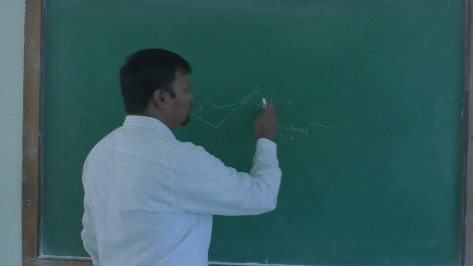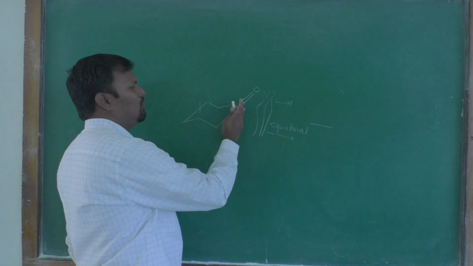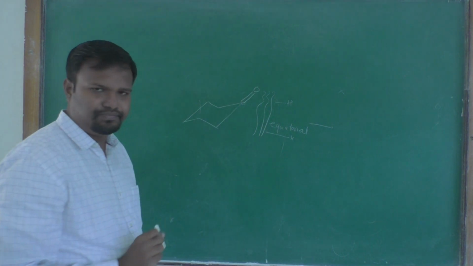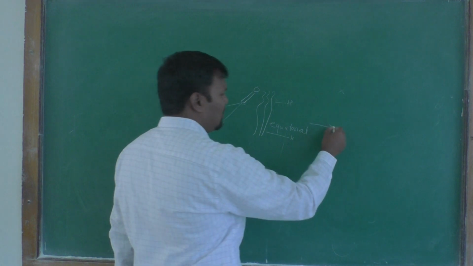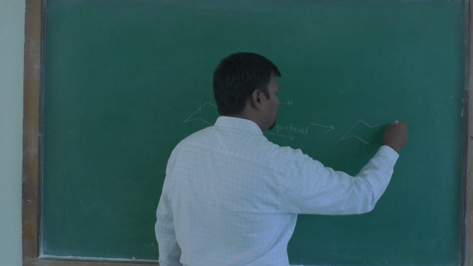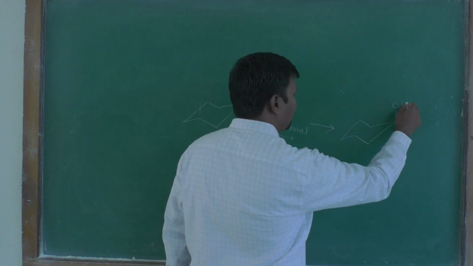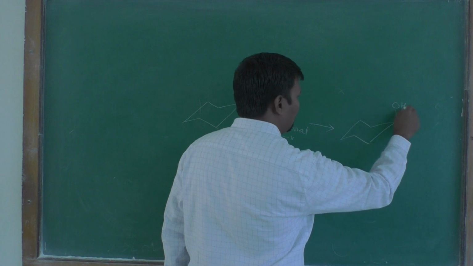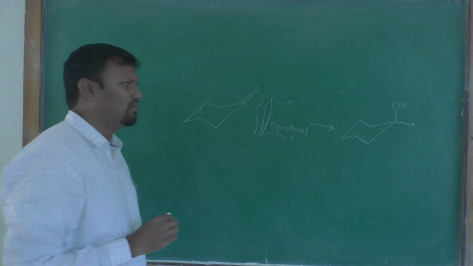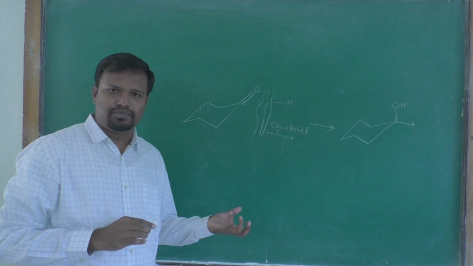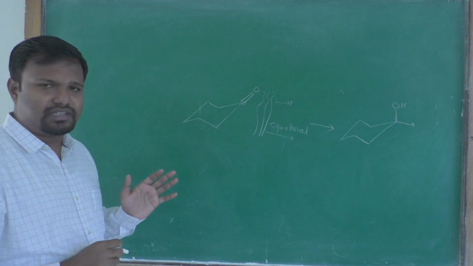Then the carbonyl group becomes the axial one. That's why we obtain the kind of product where the hydroxy group is present at the axial position.